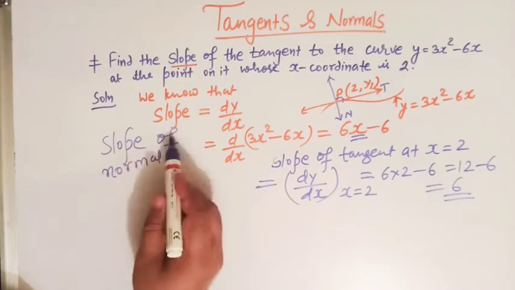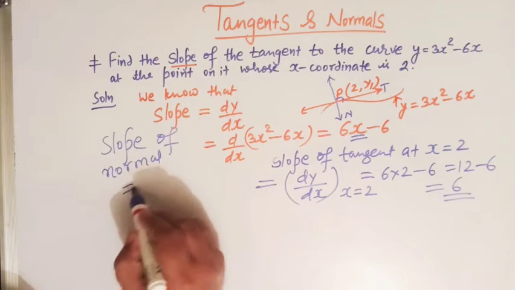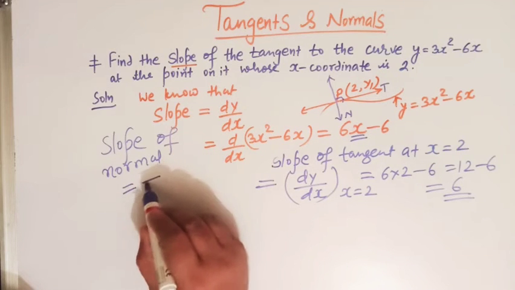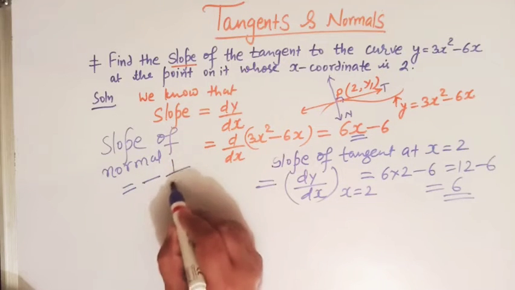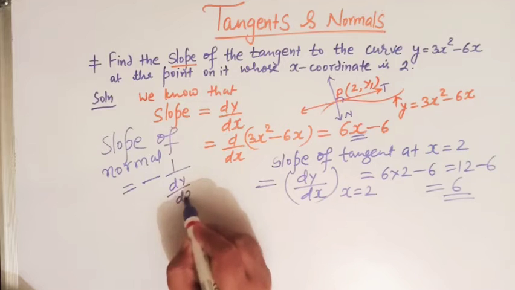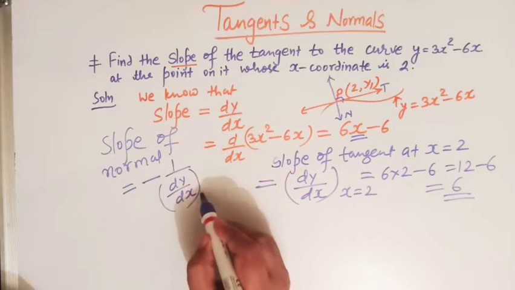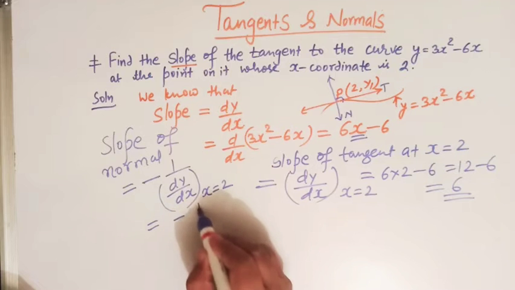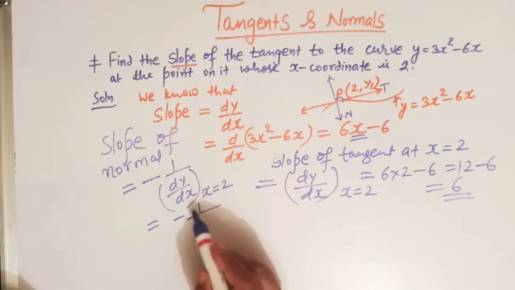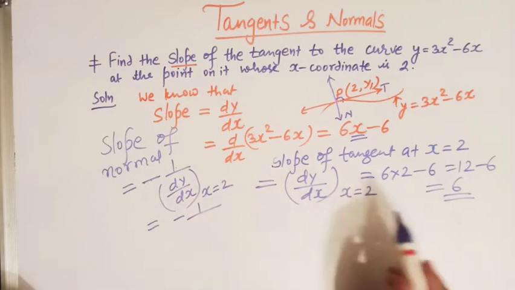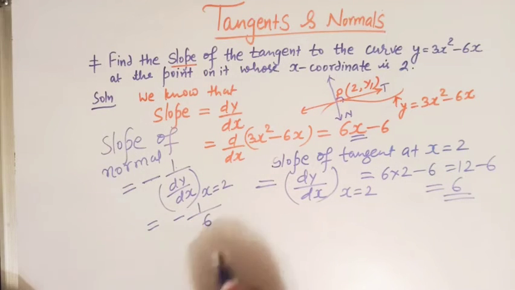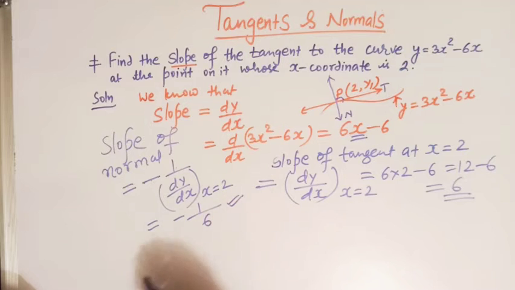So the slope of the normal is given by the negative of the reciprocal of the slope of the tangent at x equal to 2. So here we have minus 1 divided by the value of this slope, which is 6, right? So therefore this is the slope of the normal.